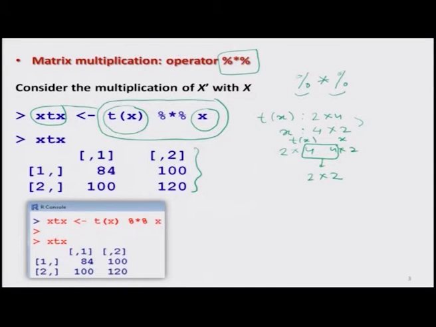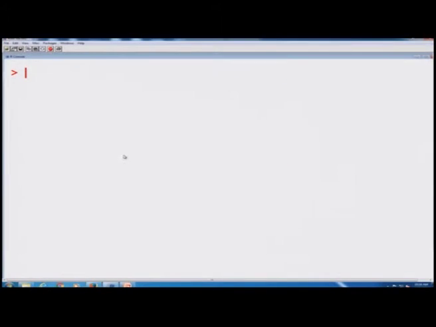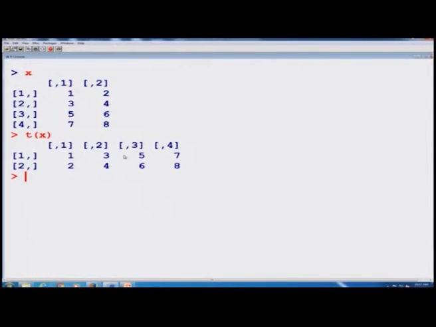Now let us do this over the R console and see how things happen. You may recall that we already had stored this matrix X, and with this we had obtained the transpose of X like this.